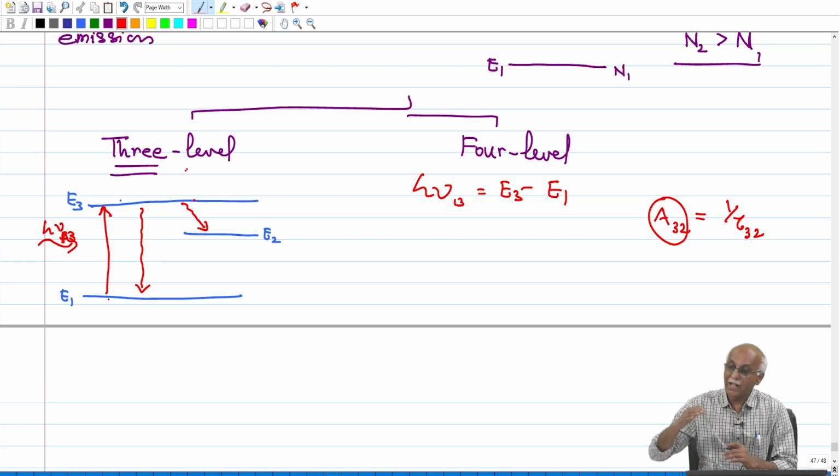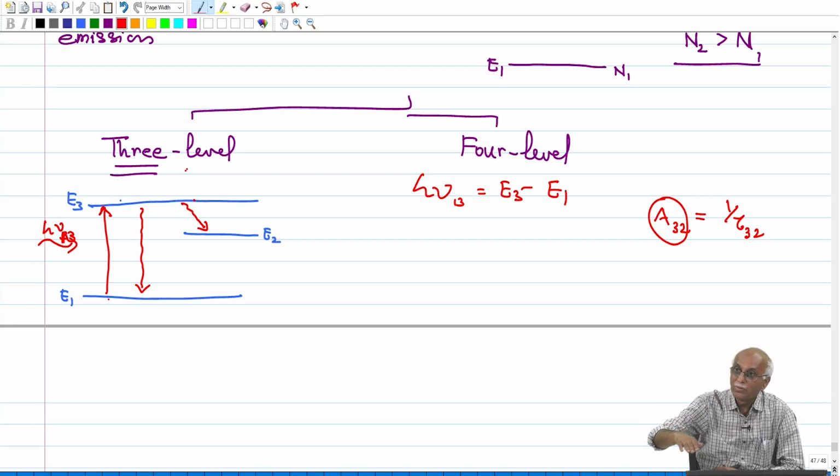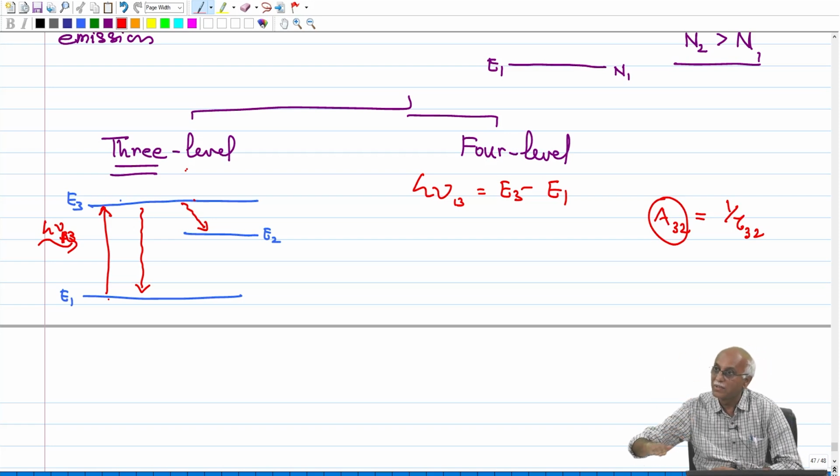Lifetime for an excited atom is different depending upon energy level interactions, and if tau 3 1 is quite large, that means spontaneous emission corresponding to E 3 to E 1 will be slow. The lifetime is large, so spontaneous emission will be slow.